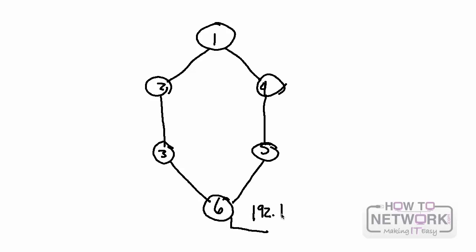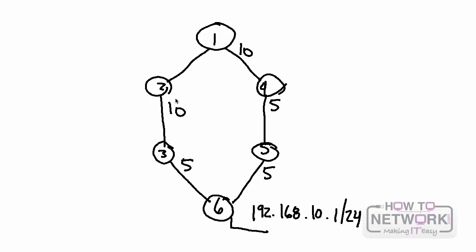We'll say 192.168.10.0/24, which is hanging off router 6. Now, router 1 then calculates using OSPF the cost for each and every link in this path. And it's going to do the same for the path from router 2 and 3 to 6.